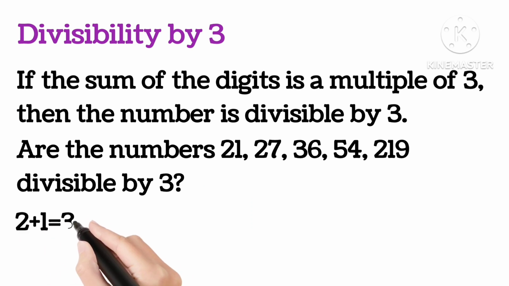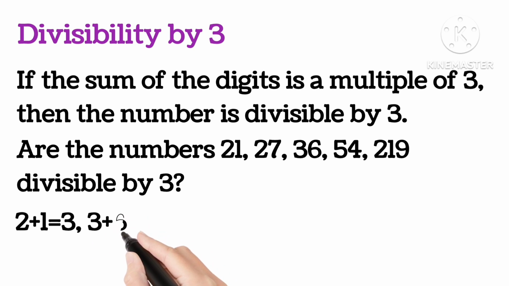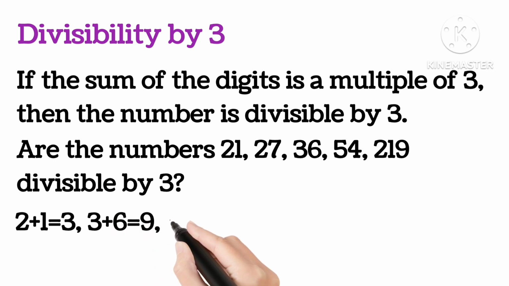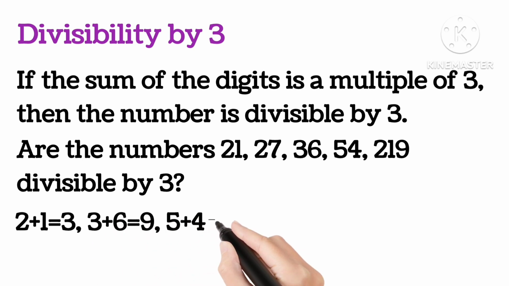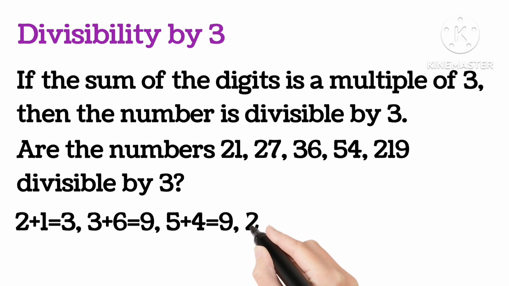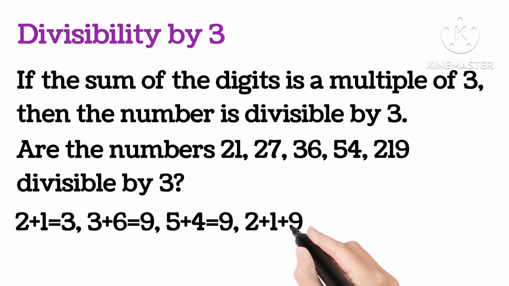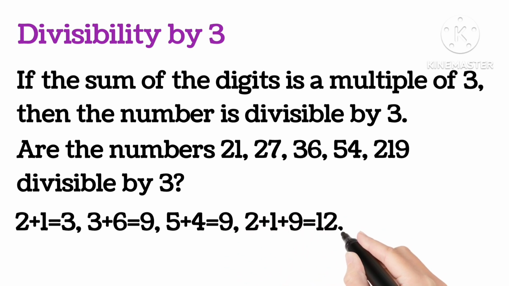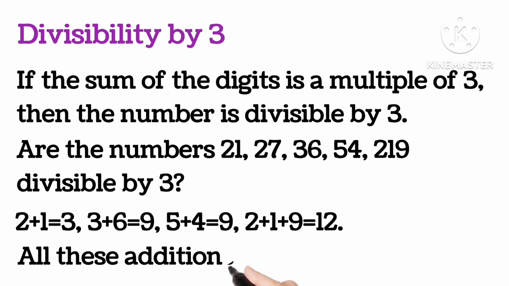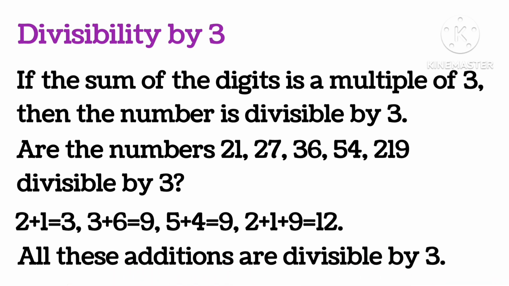The sum of all the digits of 219 will be 2 plus 1 plus 9. It will be 12. So 12 is completely divisible by 3, so the entire number 219 will be divisible by 3. So this was the divisibility rule by 3.